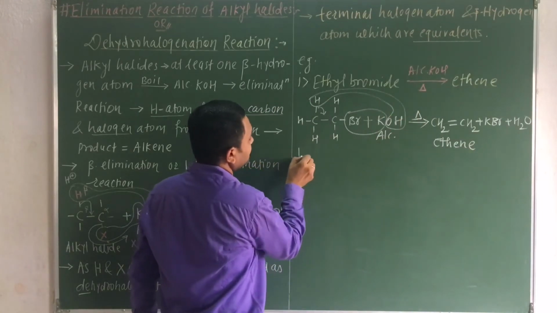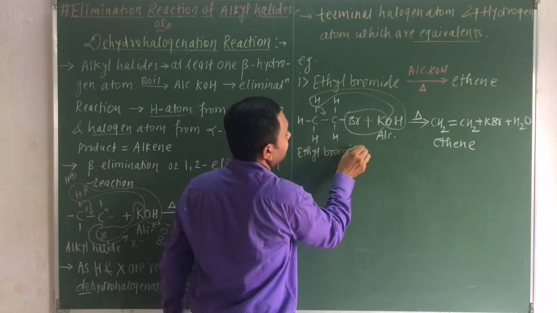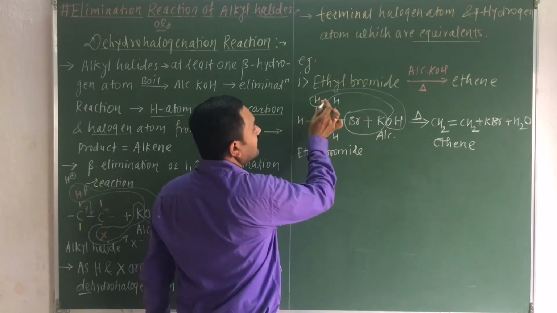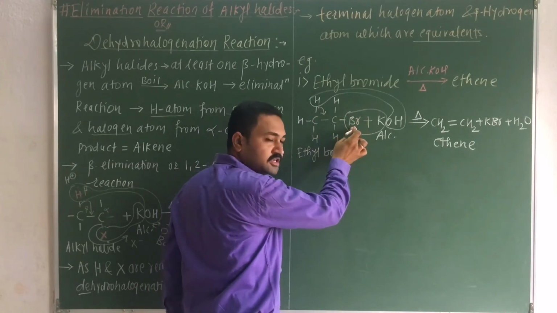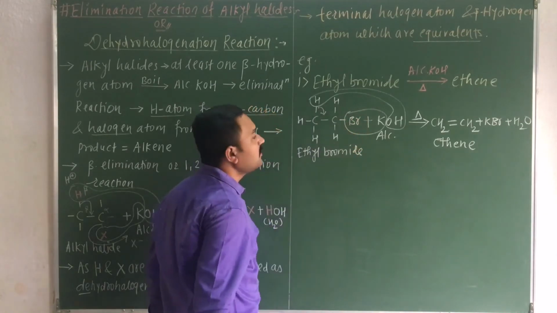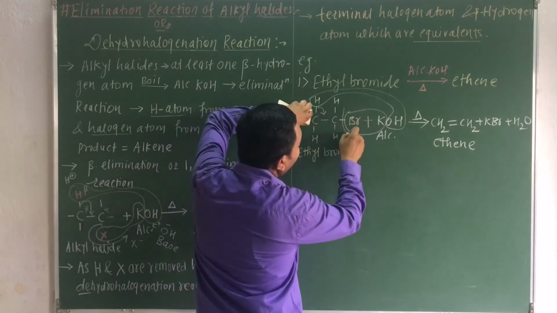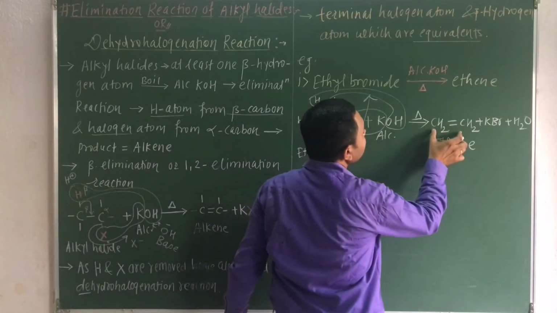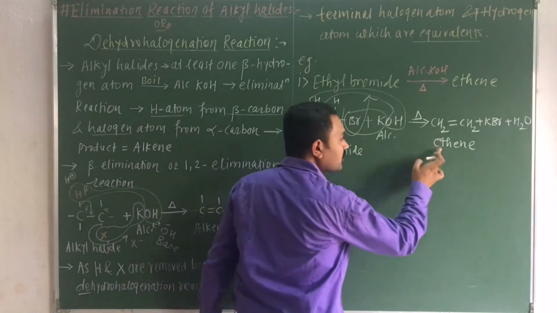This is nothing but your ethyl bromide. Here again remember we are removing the beta hydrogen atom and the halogen atom from the alpha carbon atom. So obviously this bond will shift here. Br will act as a leaving group, and this leads to the formation of ethene as a product.